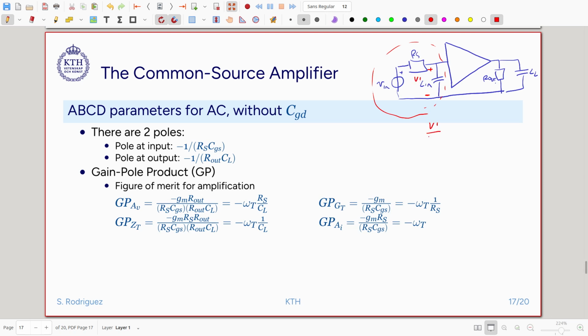So we have V1 divided by Vin equal to 1 over Cin divided by 1 over Cin plus R, and that will be equal to 1 over 1 plus jω R Cin. So it behaves like a single pole system, so it will introduce one pole. Nothing spectacular, nothing new there. The output behaves as a current source, so we can have something like this.